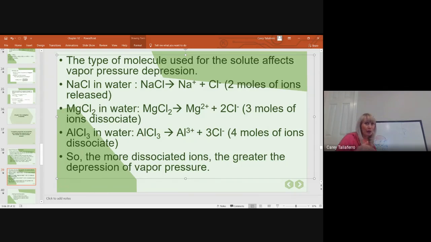So the fewer water molecules that you have on the surface, the fewer water molecules that become water vapor, and the lower the pressure that those fewer water vapor molecules make. Okay, so adding solute lowers the vapor pressure, and the more moles of ions you have through the dissociation process, the greater the effect of the depression is.